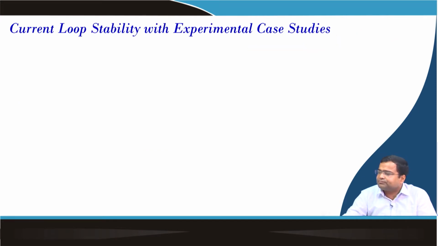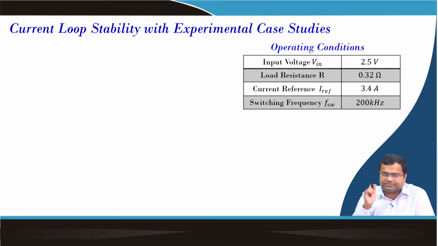Now, I am showing a first experimental case study, where we are setting the input voltage 2.5 volt, load resistance is 0.32 as I have told, peak current reference is 3.4 ampere, and switching frequency is 200 kilohertz.